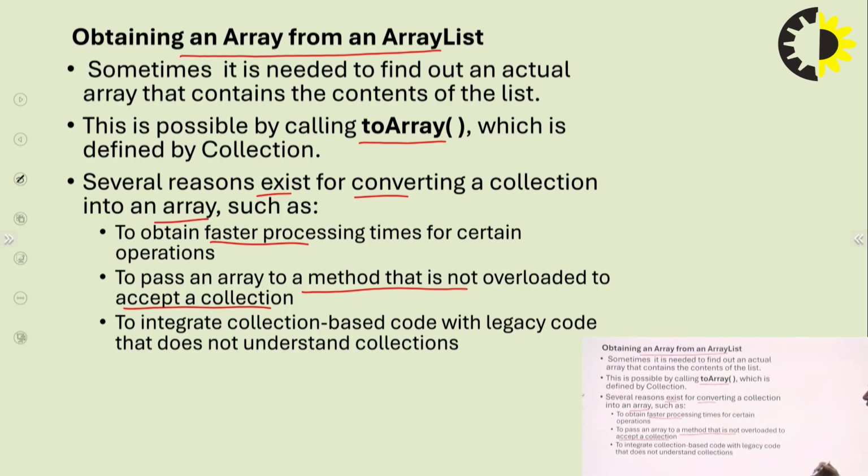In that case, you convert the collection into a simple array and pass it. Also, to integrate collection-based code with legacy code. Sometimes we have older methods, which we call legacy code, to which you want to send the data as an array. In that case, you can use it.